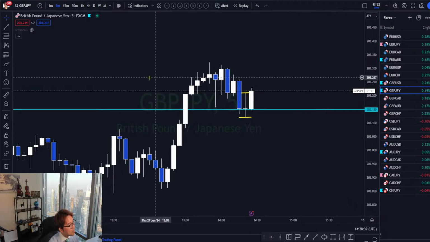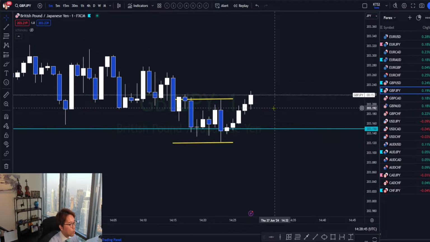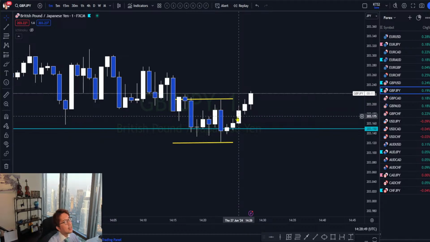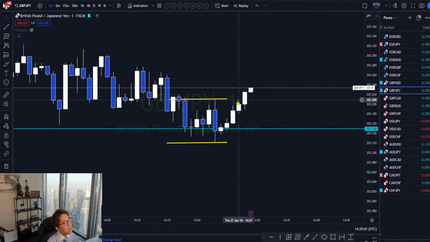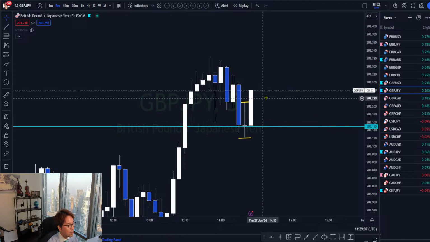Sometimes I check the 1 minute time frame and see how exactly it closes. This is 1 minute, and 1 minute shows outside and inside. So when the market really breaks 203.209, then I think that's a good sign of the bullish momentum next. So I do look at the 1 minute chart, but for now I focus on the 5 minute and see how it closes.